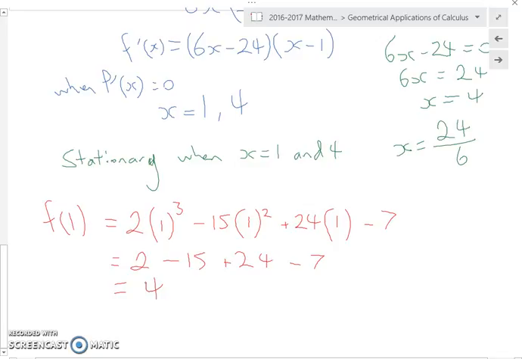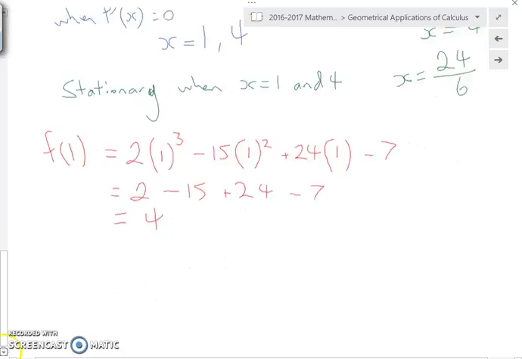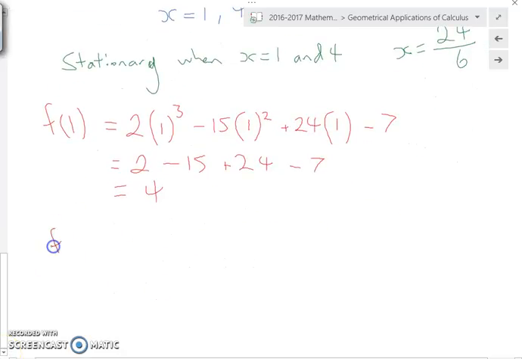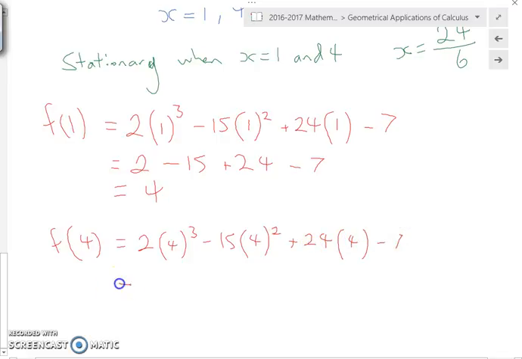Excellent. And before we actually make any statements about anything, I'm actually going to do the next one. So f of 4 equals 2 times 4 cubed minus 15 times 4 squared plus 24 times 4 minus 7. Now you can chuck these into calculators, because I can't do 15 times 16 off the top of my head. I'm lazy.